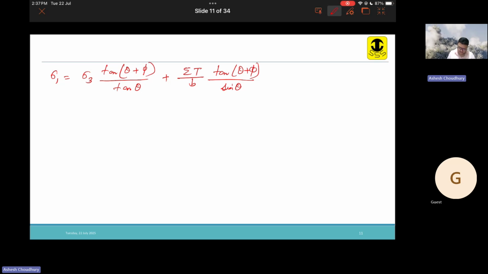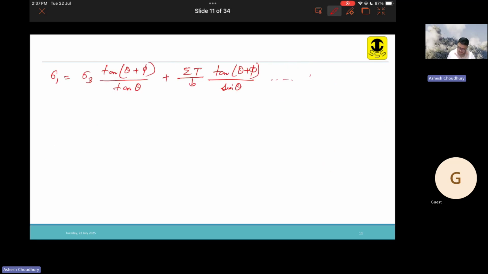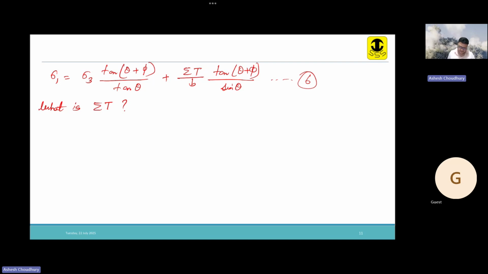Okay. So earlier what was the number? Is 5, 6. Okay. So what is T? What is summation T? It is the sum of the total reinforcement forces cut by that wedge, right?